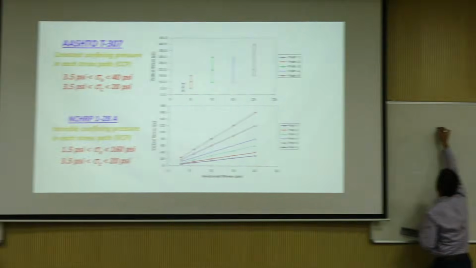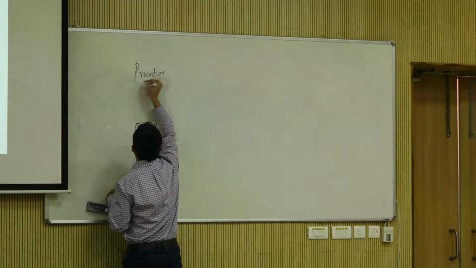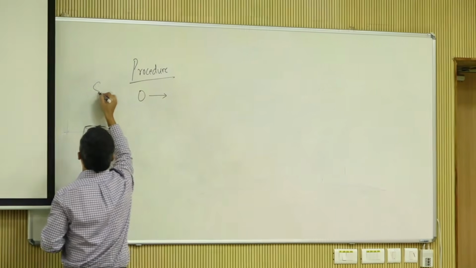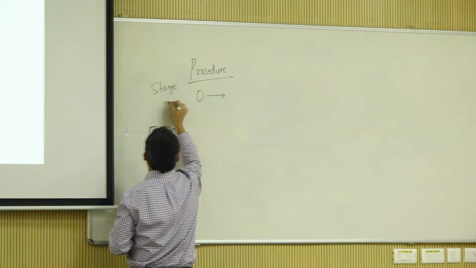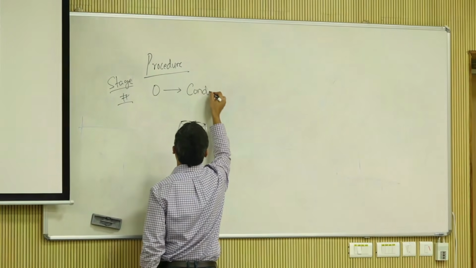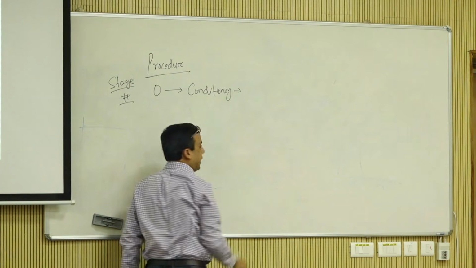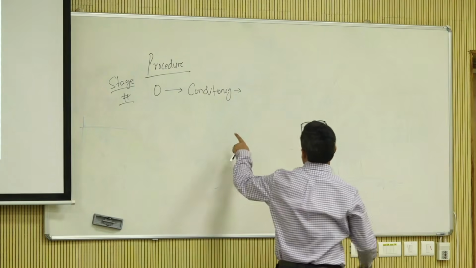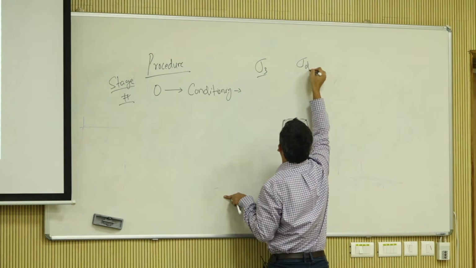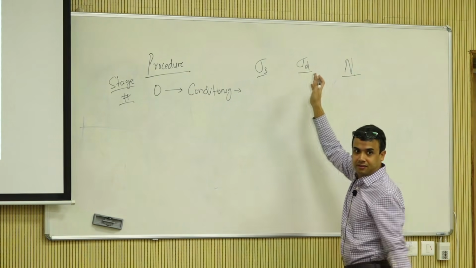In the procedure, you have stage 0, and we are going to call it conditioning. Usually it will have some sigma 3, some sigma d, and N is the number of cycles.